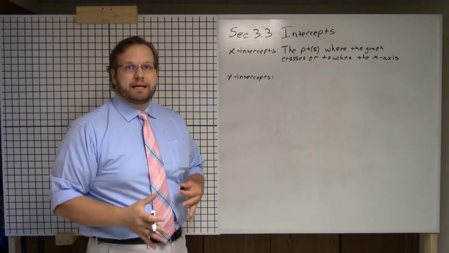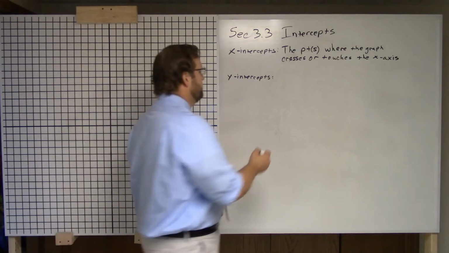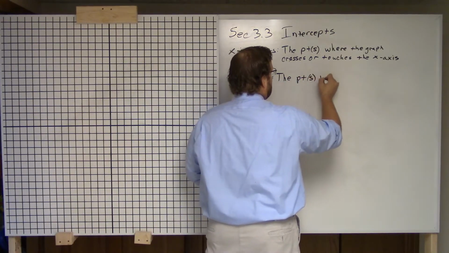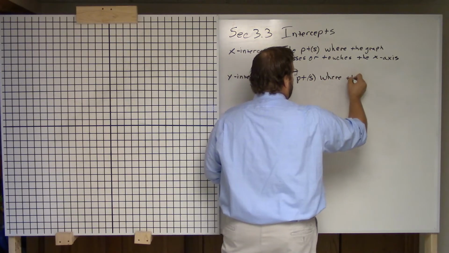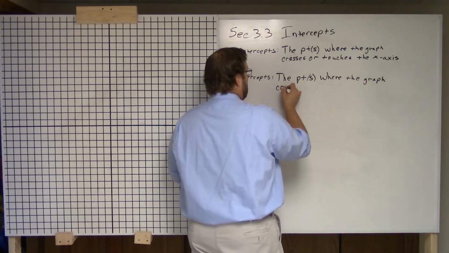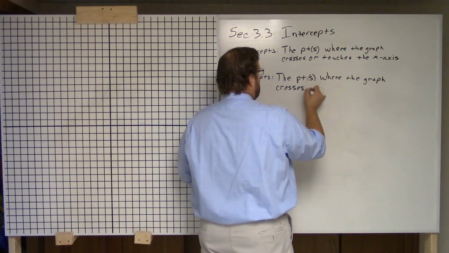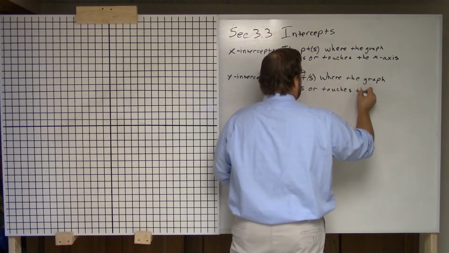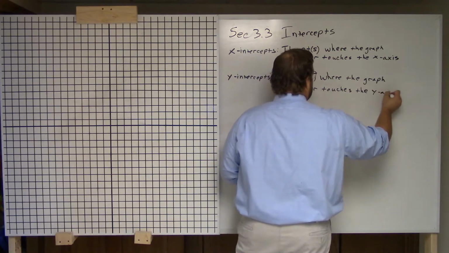Y-intercepts, same exact thing, but for the y-axis. So it's the point or points where the graph crosses or touches the y-axis.